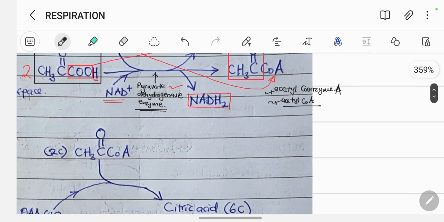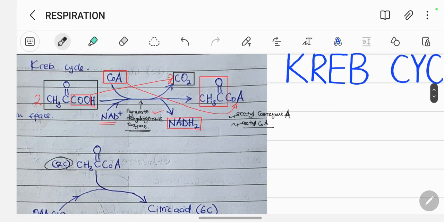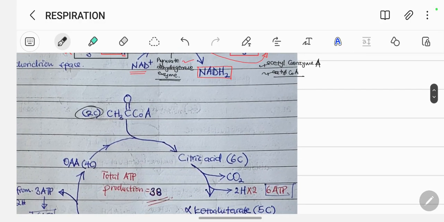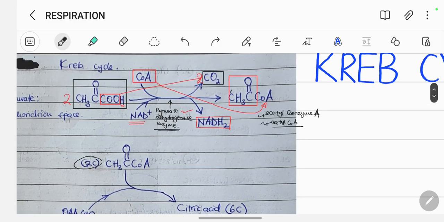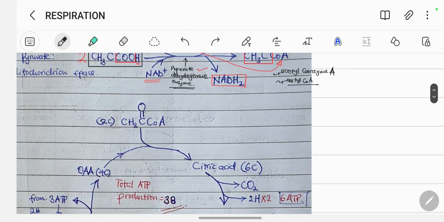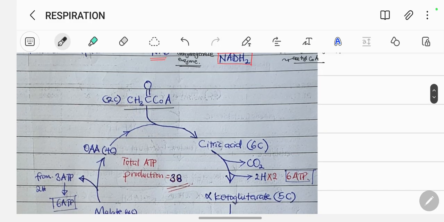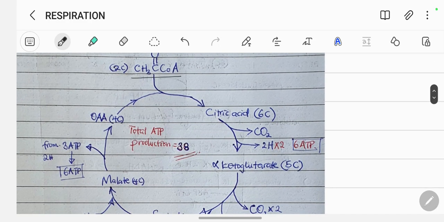Then I'm going to move on with my 2 carbon acetyl coenzyme A. Remember, it has 2 carbon atoms, carbon atom 1 and 2. The third was taken. I'm now going to pump it into the Krebs cycle.